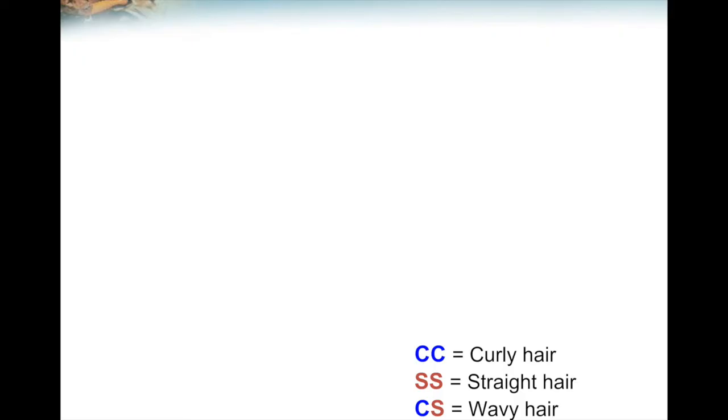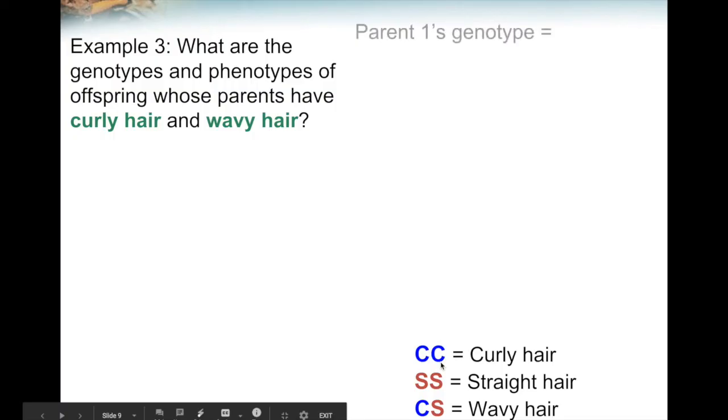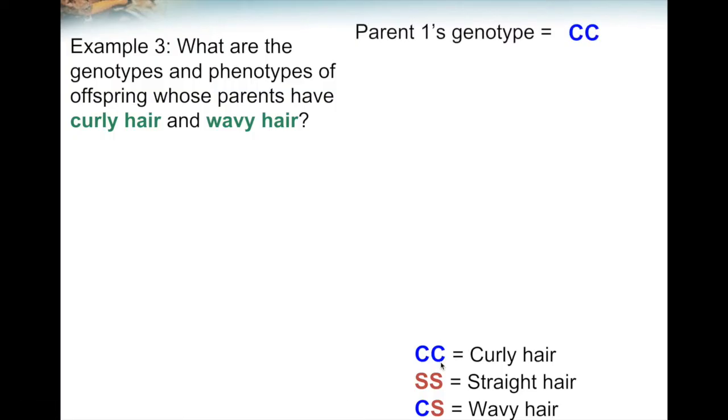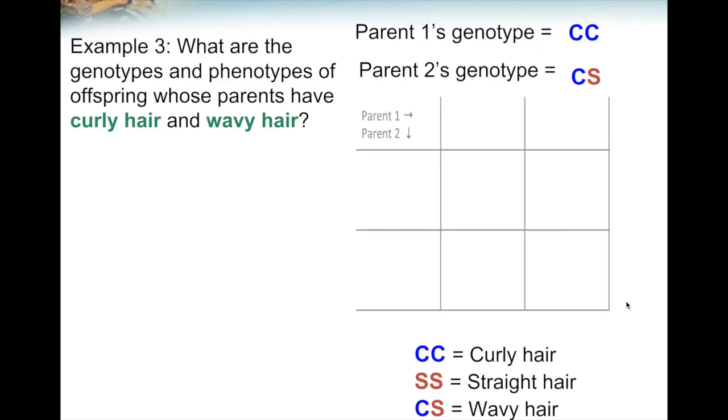Okay, so let's do an example together. What are the genotypes and phenotypes of offspring whose parents have one curly hair and the other wavy hair? So curly hair, we already figured out the genotype, which is CC. And for the other parent that has wavy hair, the genotype is CS. So you're going to put the Punnett square together.